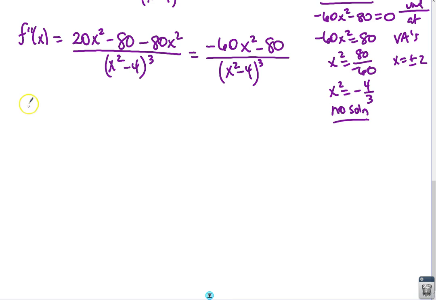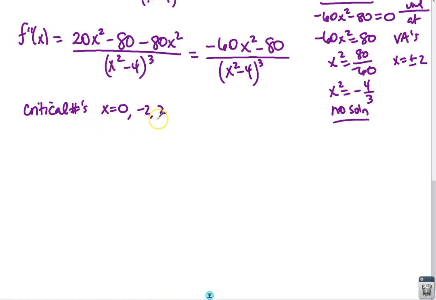My critical numbers were x equals 0, plus and minus 2. I'll just write that as 0 and negative 2 and 2. If I had any potential points of inflection where my second derivative was equal to 0, I would also list those here in my intervals, but I don't have one here, so we don't have to worry about that.